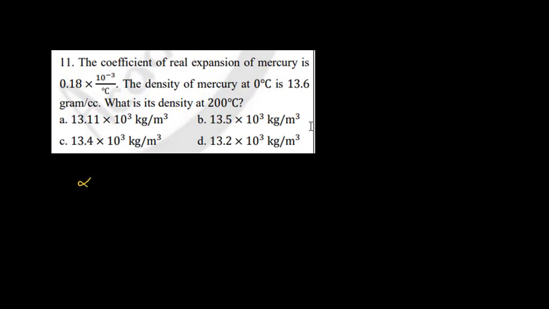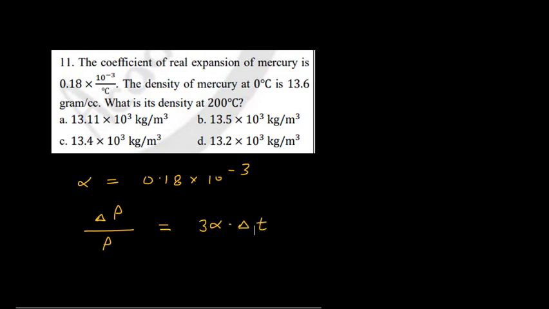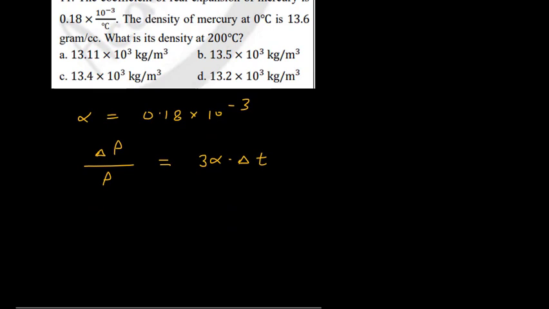Okay, so that means alpha is given. Alpha is given as 0.18 into 10 power minus 3. Now we know the relation that delta rho upon rho is equal to 3 times alpha into delta T. Okay, so the density of mercury at 0 degrees, the initial density, we know, and what is the density at 200, that we have to find out.